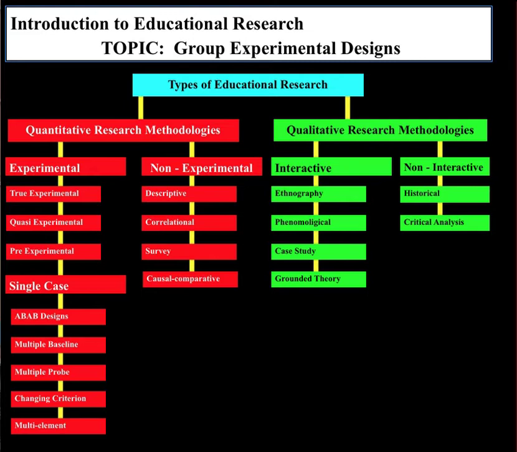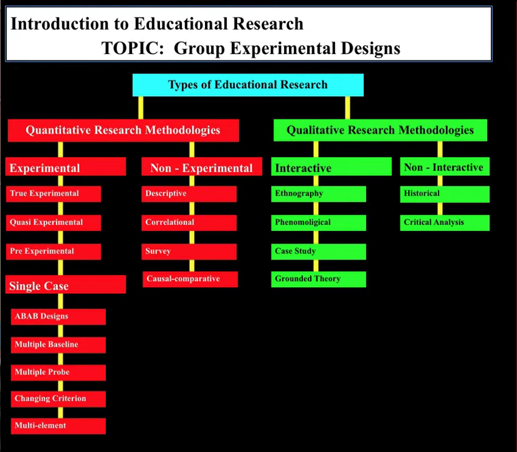So selection of a specific research design will influence such factors as whether you will have a control group and an experimental group, whether your participants will be randomly selected and assigned to groups, or whether you'll have to use existing groups like classrooms, whether your groups will be pre-tested or post-tested, how your data will be analyzed, and so on.